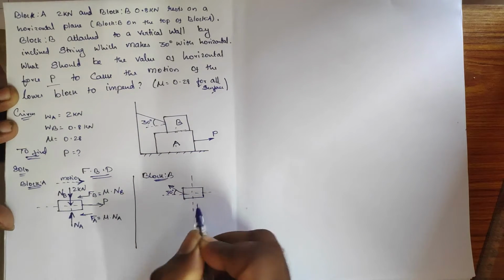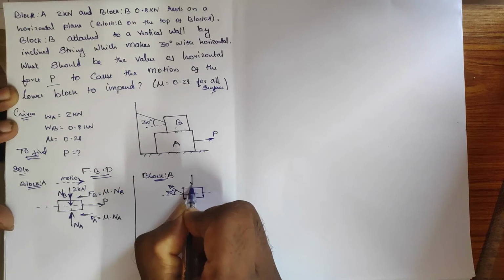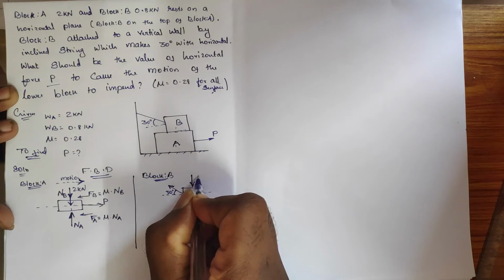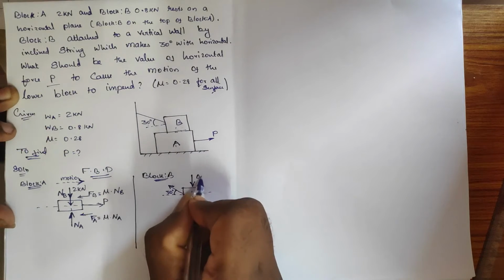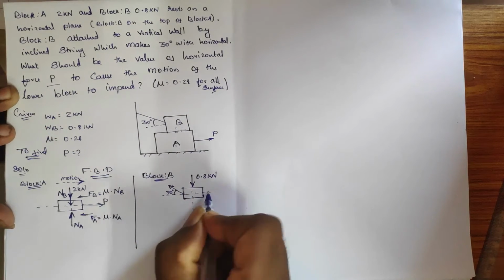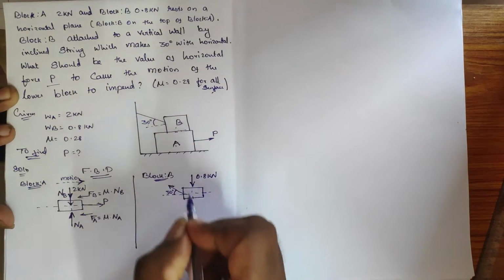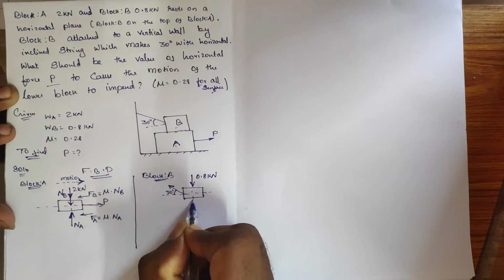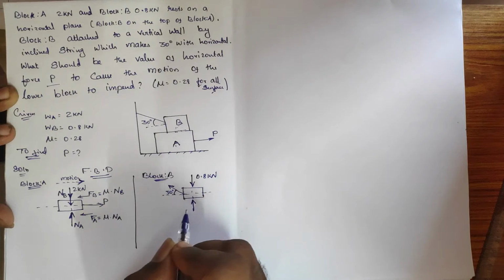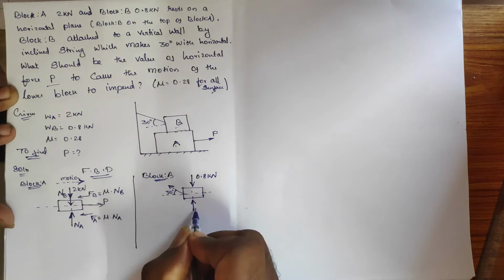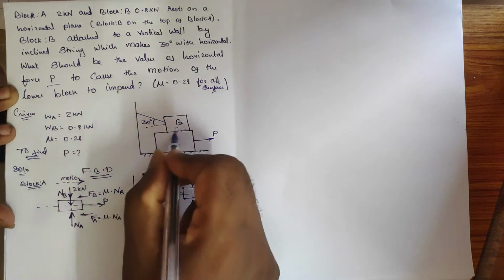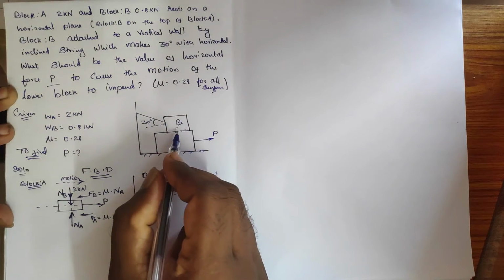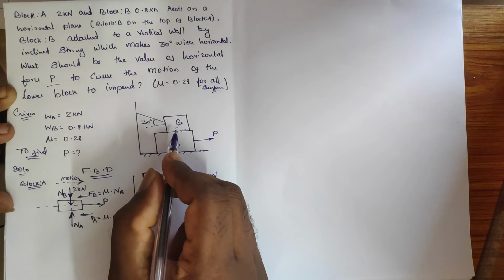If I put the axis, the weight of the body will be downwards. Weight is 0.8 kilonewton, and between A and B there is contact, so there will be a normal reaction NB, and the friction force.